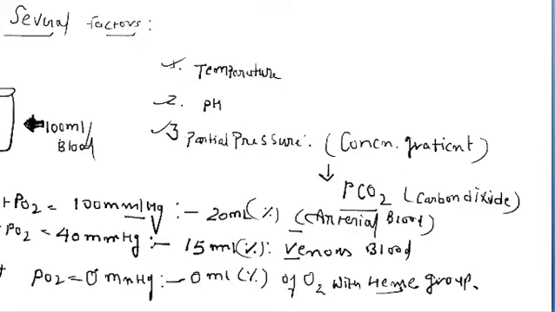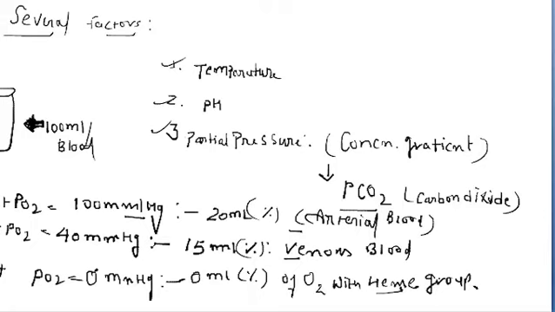So arterial blood contains 20 ml of O2 for every 100 ml of whole blood, meaning that nearly 100% of hemoglobin O2 binding sites are occupied by the oxygen molecule.